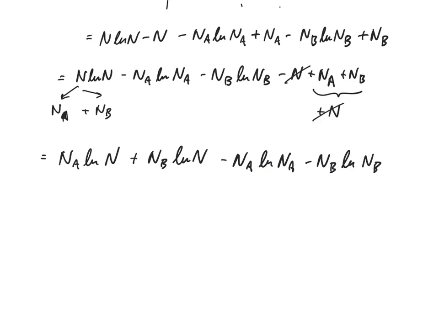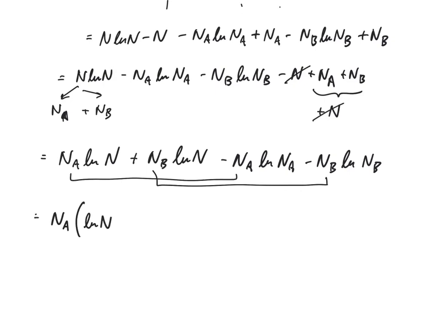Okay, now we can group together these NAs and group together these NBs. So let's do that next. We got NA times (log n minus log NA), and then we've got plus NB (log n minus log NB).